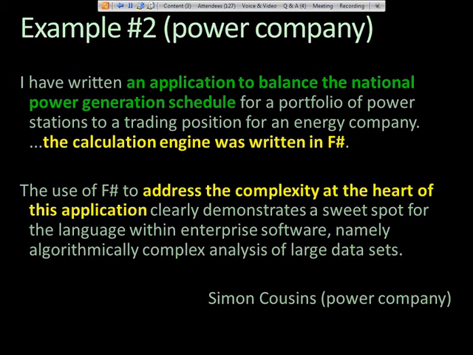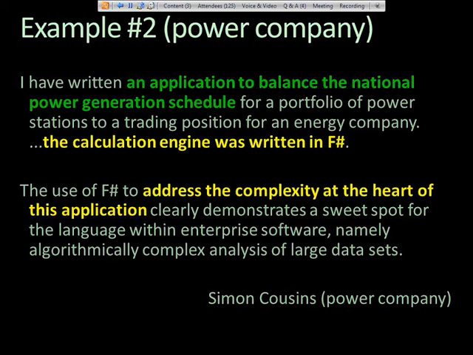in Twitter. So in this example, it was written up by a guy called Simon Cousins. He was working at a power company, and he was balancing the power generation schedule in the UK for a set of power stations. And the role that F# played, which is very common, is as the calculation engine.